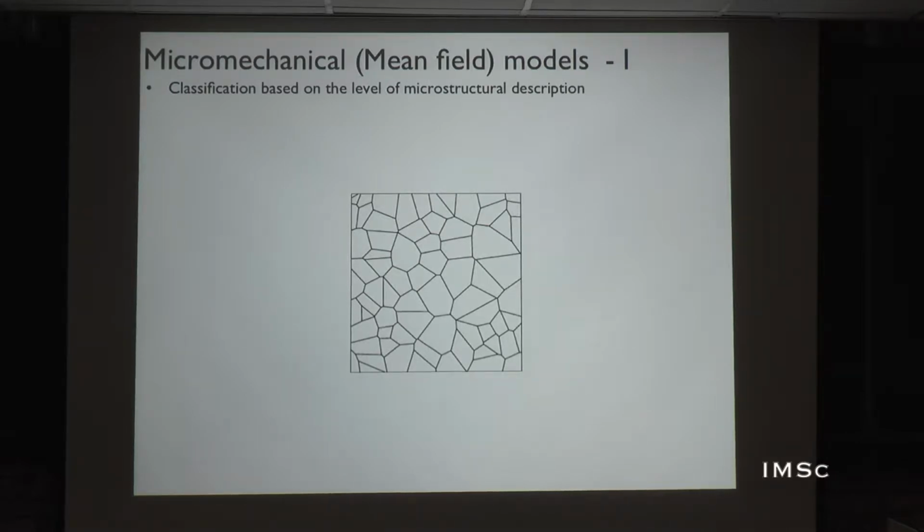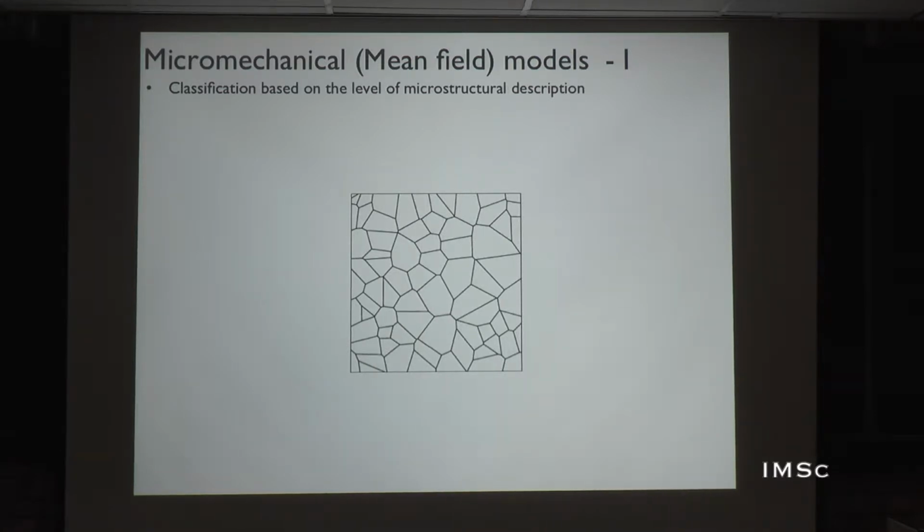The next few slides are essentially to set up the jargon that is typically used in microstructural mechanics. So you have to bear with me even if it's a little bit didactic. When you come across models that incorporate microstructural information, in other words micromechanical models, the classification of the models is essentially based on the amount of information that you take from the microstructure into your models.